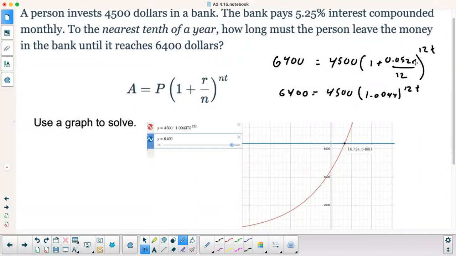Let me try that again. 0.0525 divided by 12 plus 1. There we go. It's more like 0.44. But I rounded this, so actually it's going to be 1.004375. That'll make it a little bit more accurate.